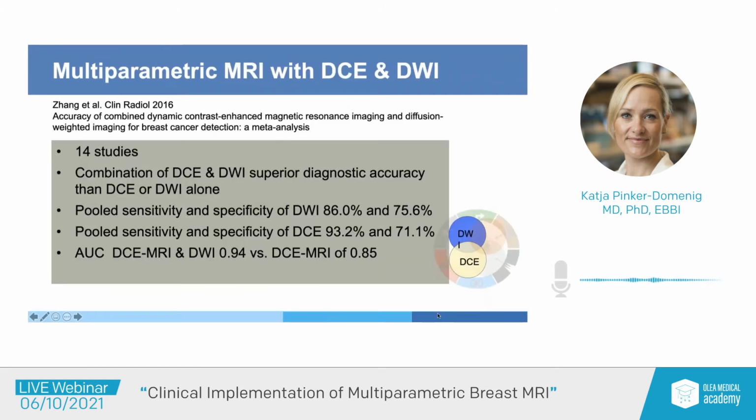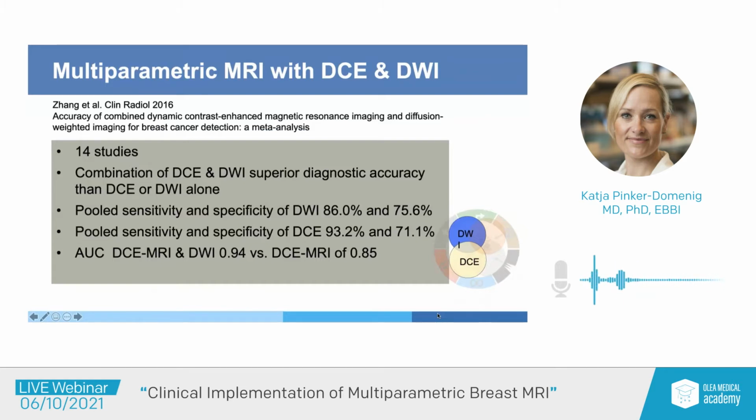That meta-analysis actually reviewed specifically the question of multiparametric MRI with DCE MRI versus DWI alone, and came to the same conclusion. DWI is sensitive, but you miss very small lesions or diffuse lesions. DCE MRI is definitely the rock star when it comes to sensitivity.